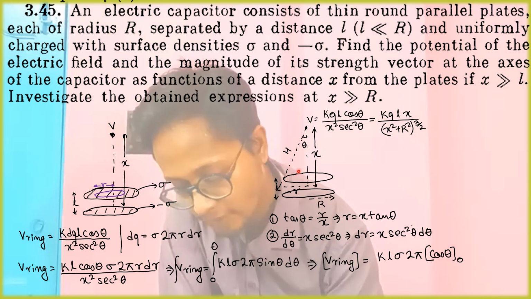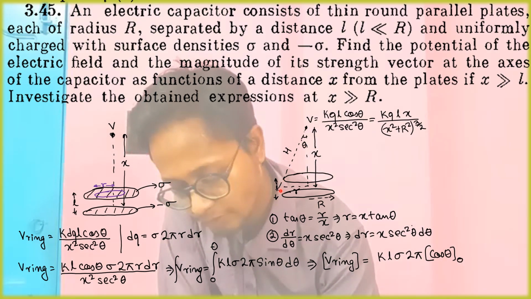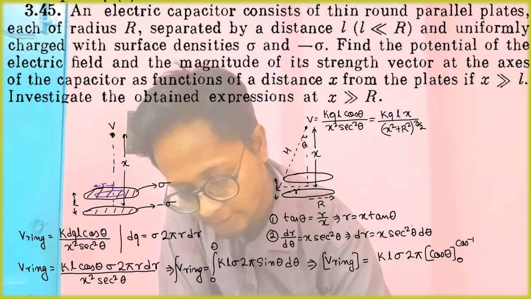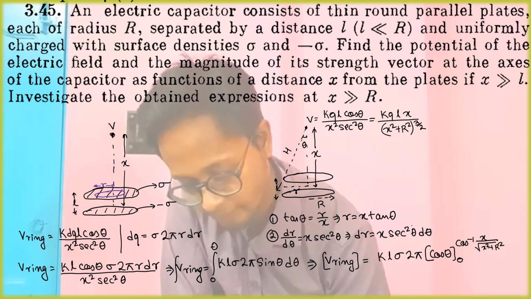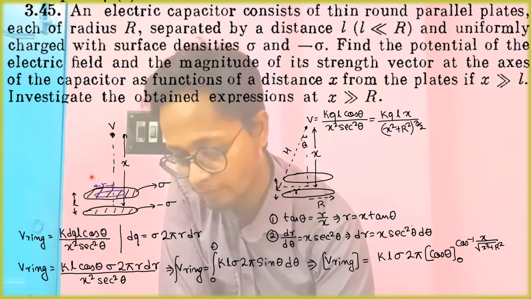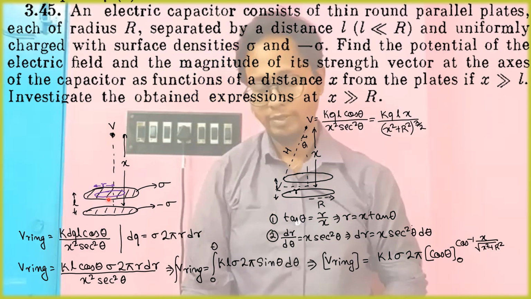What is the value of cos theta? The value of cos theta is nothing but x by capital R, no? X by under root of x square plus r square. So integrate from theta is equal to 0 to theta is equal to this value.